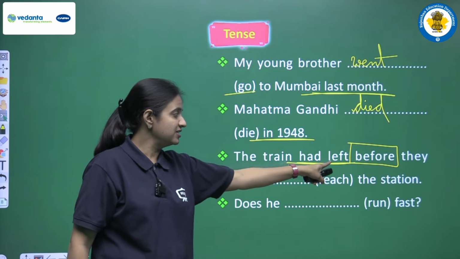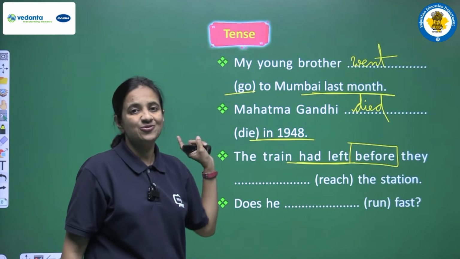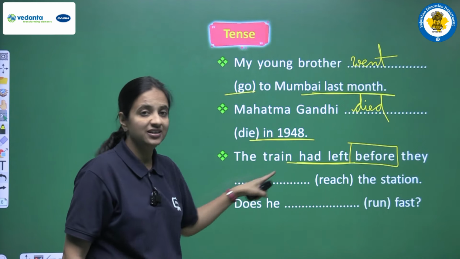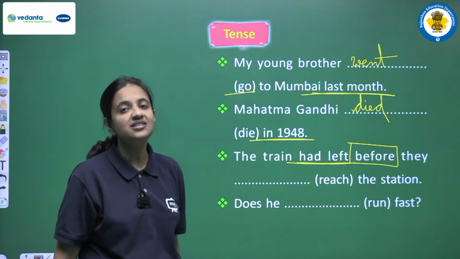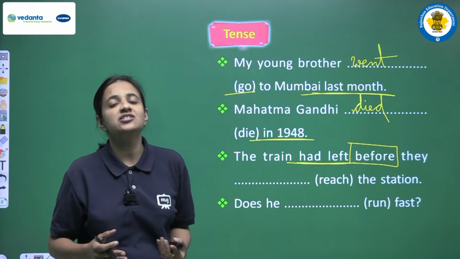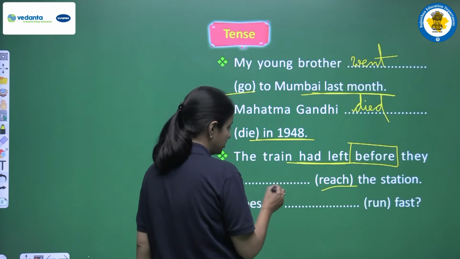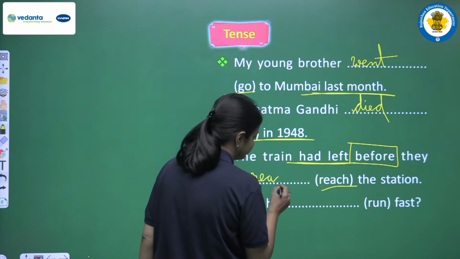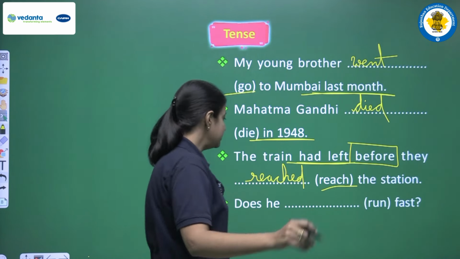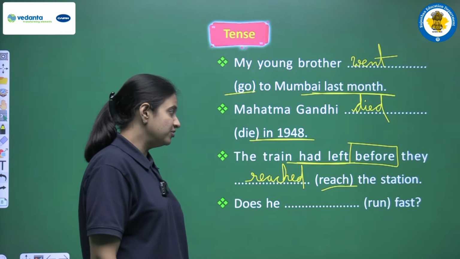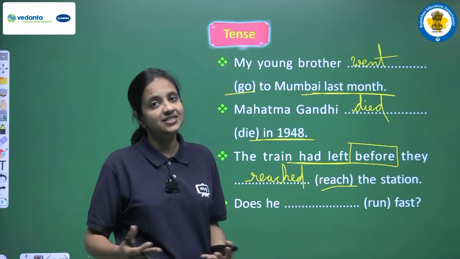So the first clause is having past perfect already, so we have to just write past simple here. And again, this is a positive sentence. So in a positive sentence of past simple tense we have to use second form. So second form of reach, it will be reached. And the sentence will be, the train had left before they reached the station.